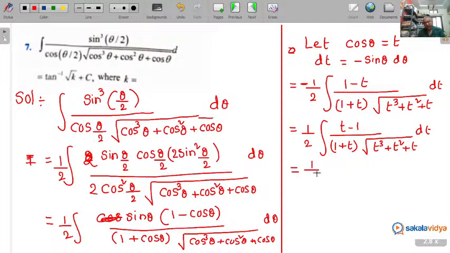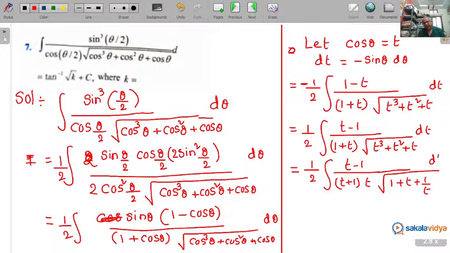So half into t minus 1 by t plus 1 into, t square common, under root of t square times 1 plus t plus 1 by t. This is dt, you can write. Right?